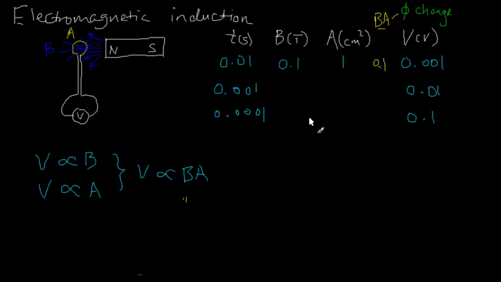So it looks like the induced voltage is also proportional to the speed with which this flux is changed. Right? Because the faster I move this away, the faster the flux will drop to 0.